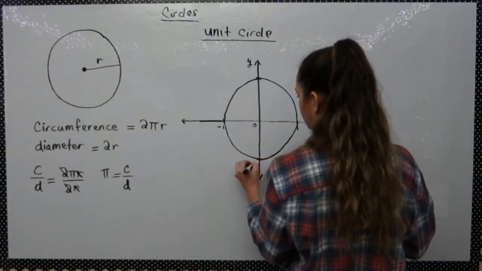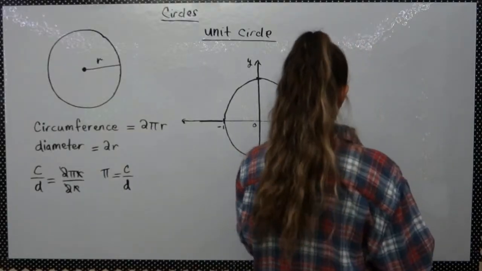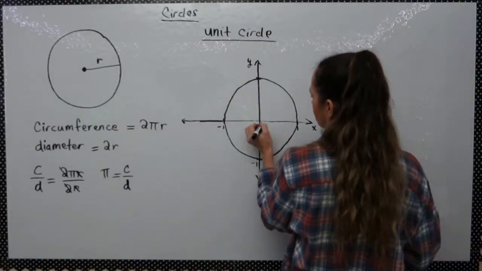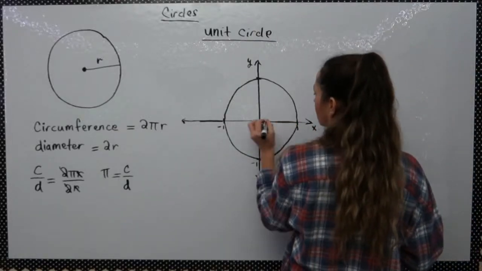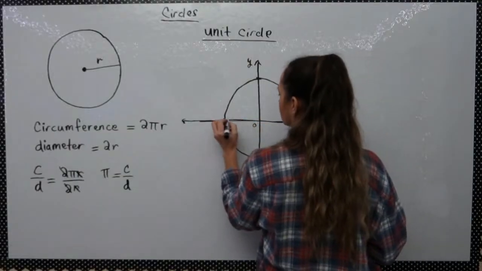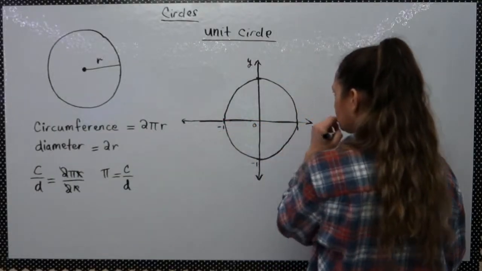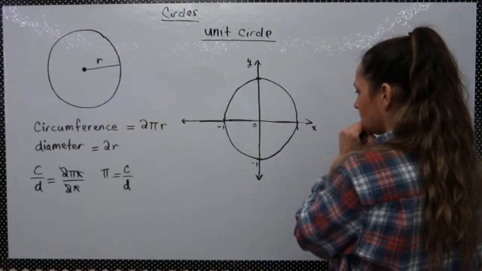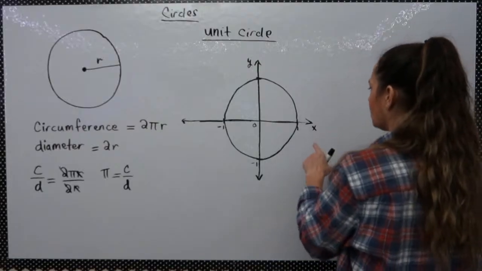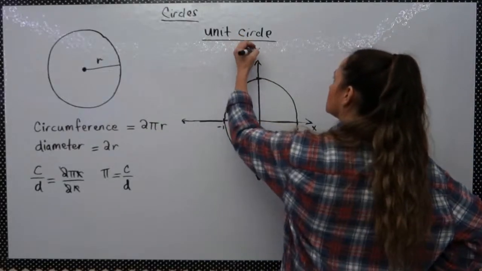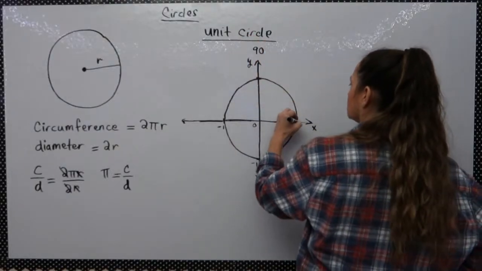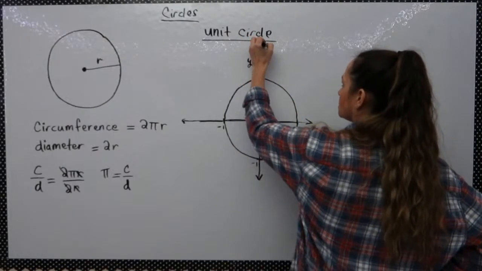Okay. All right. So we have a measure of 1 degree. And let's see. All right. This is 90 degrees. We're thinking about the angles.